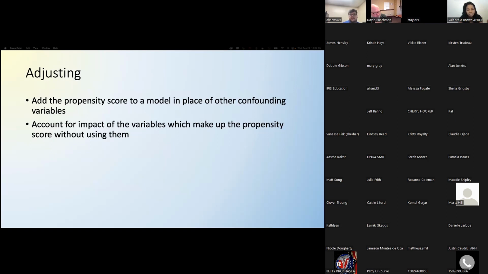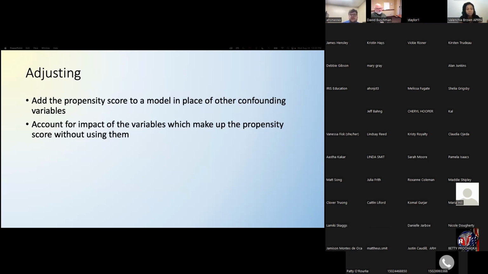That way you can use the propensity score almost like an information reduction process. So instead of looking at the 20 variables that we adjusted for in that COPD analysis, had we used the propensity score as an independent predictor, we could have also accounted for it that way.